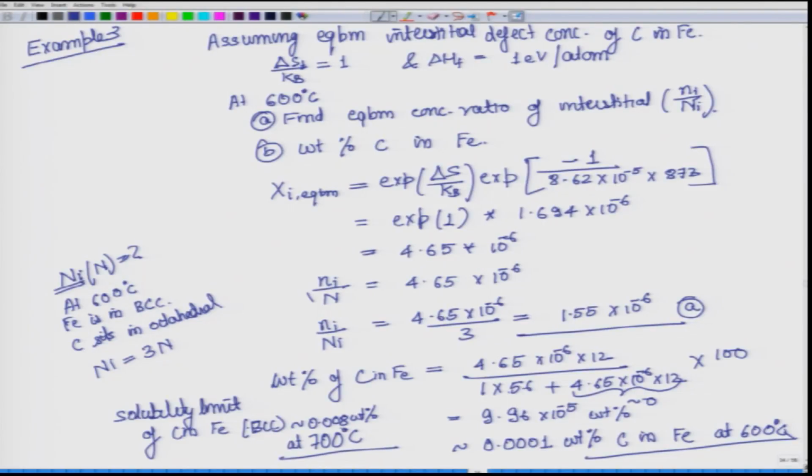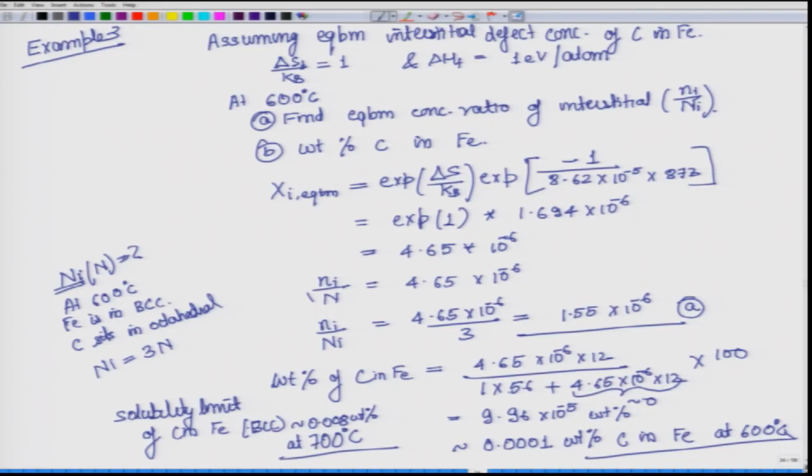So, this is itself a very small quantity, and at lower temperature the equilibrium concentration, we are not talking about doping or alloying, it has to be much smaller. So, these values are plausible. I would not say realistic, but plausible.